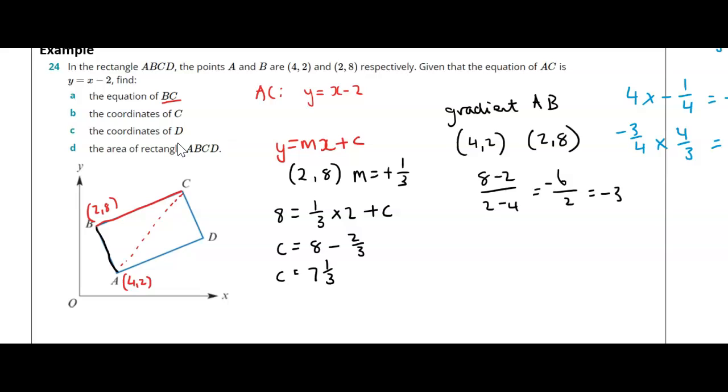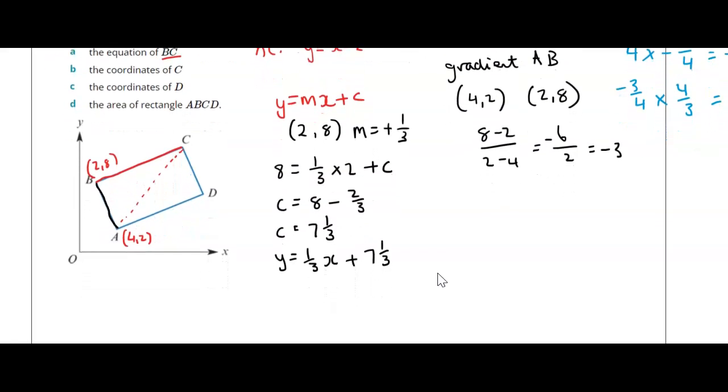So your equation is going to be y equals 1/3 x plus 7 and 1/3. Now, if you don't like it left like that with the thirds, sometimes you get an exam that asks you to put it in a specific way.